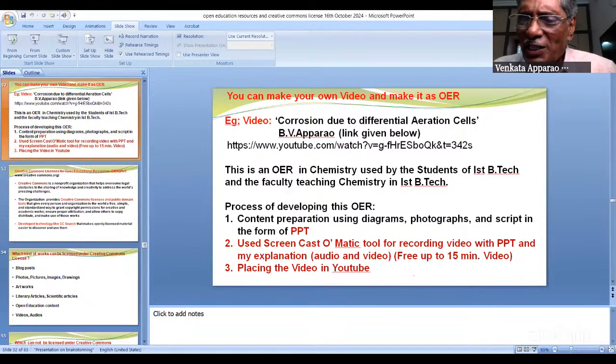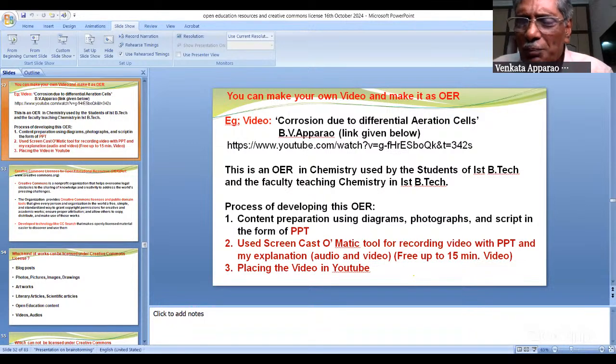Under the NMEICT program, National Mission on Education through Information and Communication Technology of the Government of India, IIT Kharagpur has completed a huge project wherein a few hundred faculty from engineering colleges have developed online courses, MOOCs.